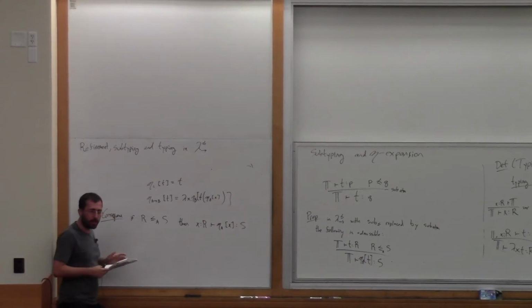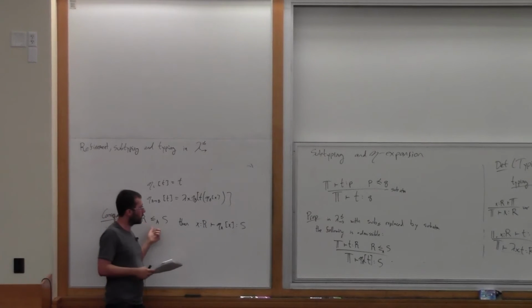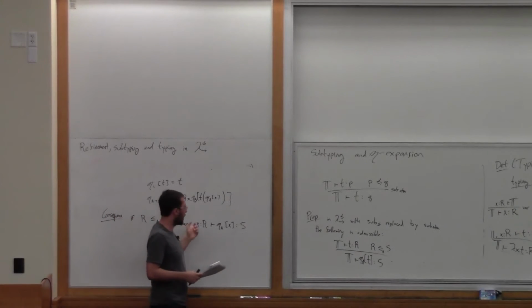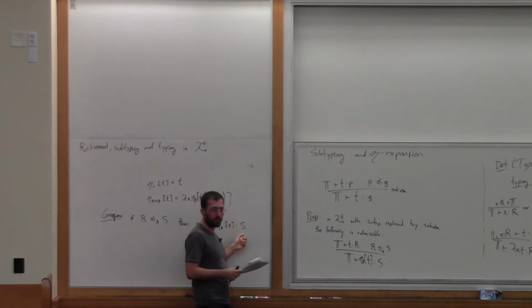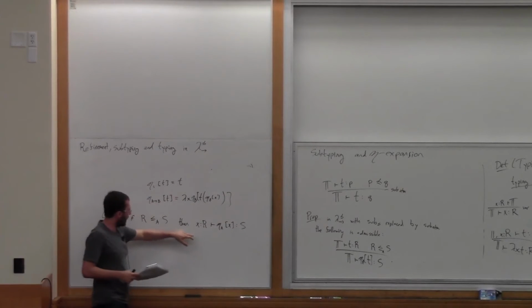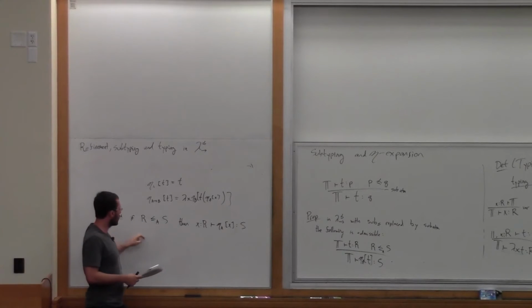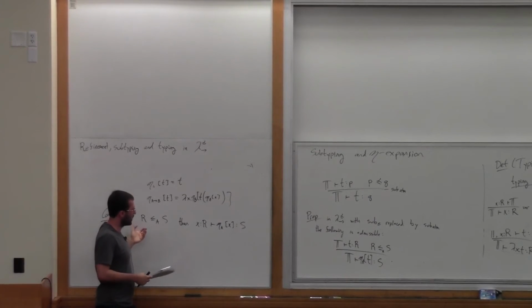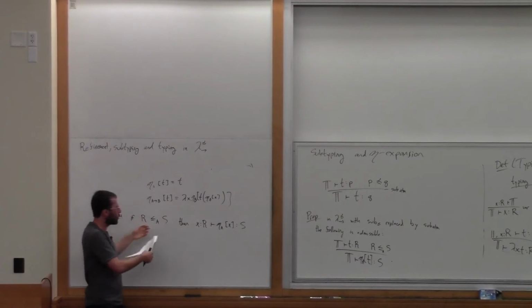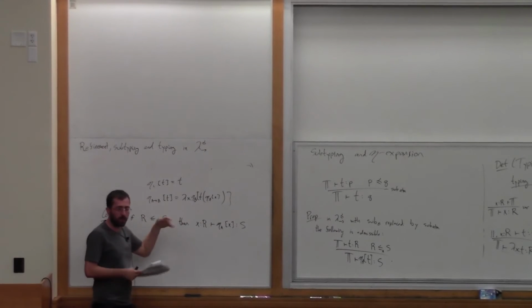So this is again a sense in which you can reduce subtyping to typing of the eta expansion. This is one direction, and actually the converse is also true. So the converse says, yeah, if this holds and this holds, there's an equivalence between subtyping and typing of eta expansion.